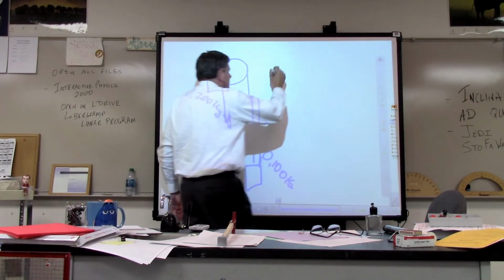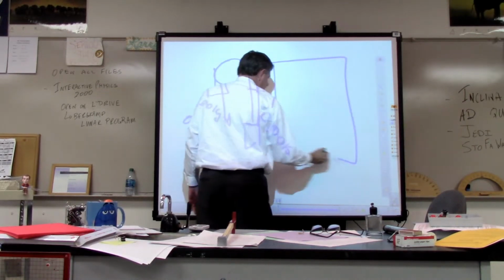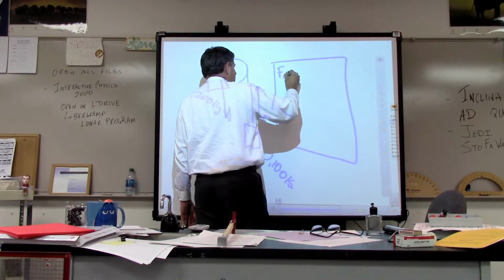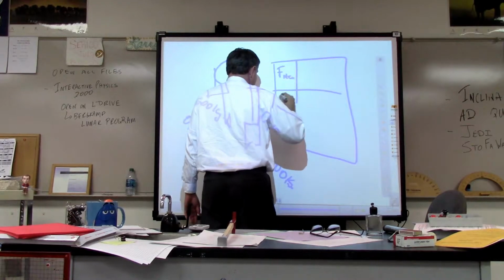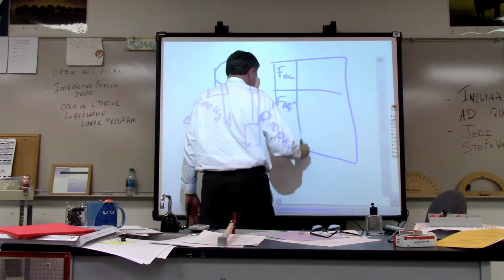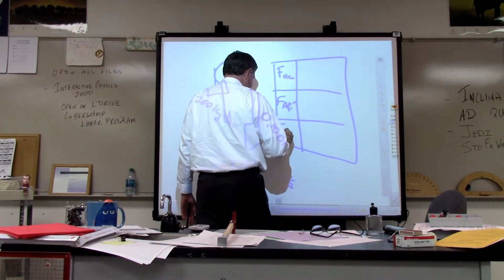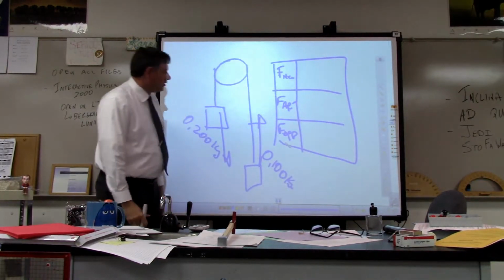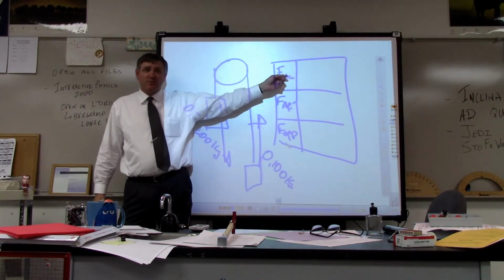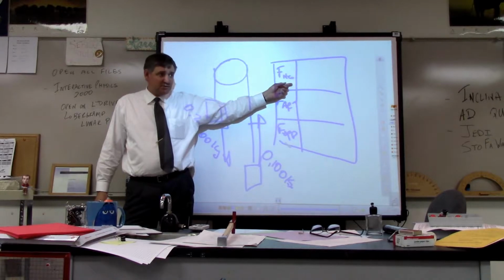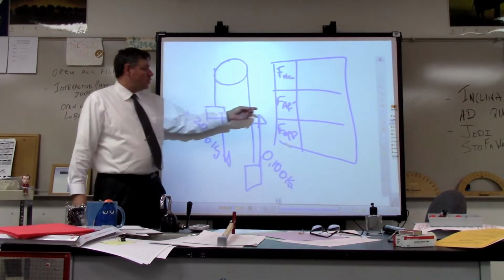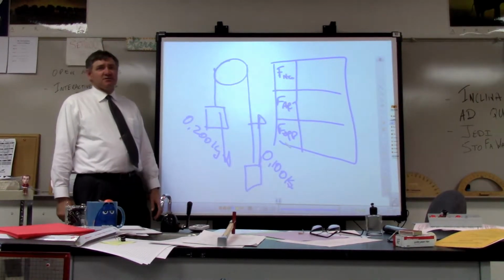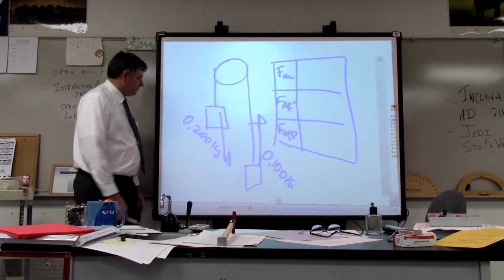Again, you can set up a chart: net, FAP, FOP. If it's going to accelerate, what is your net force not going to equal? Zero. So what are you going to use as your applied force? The bigger of the weights.